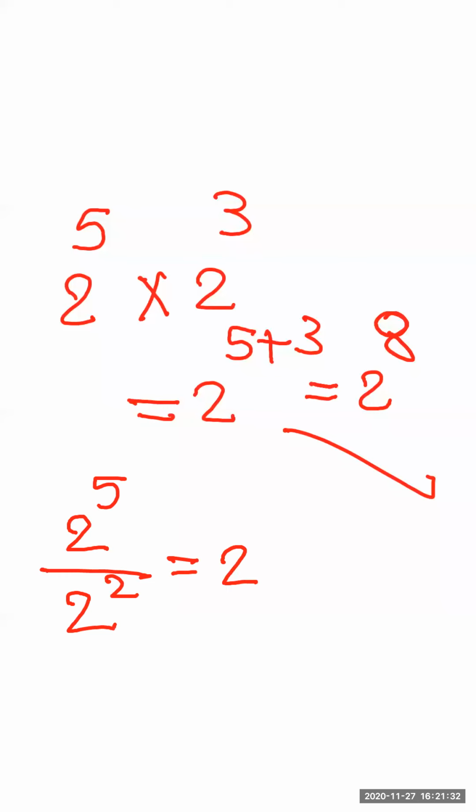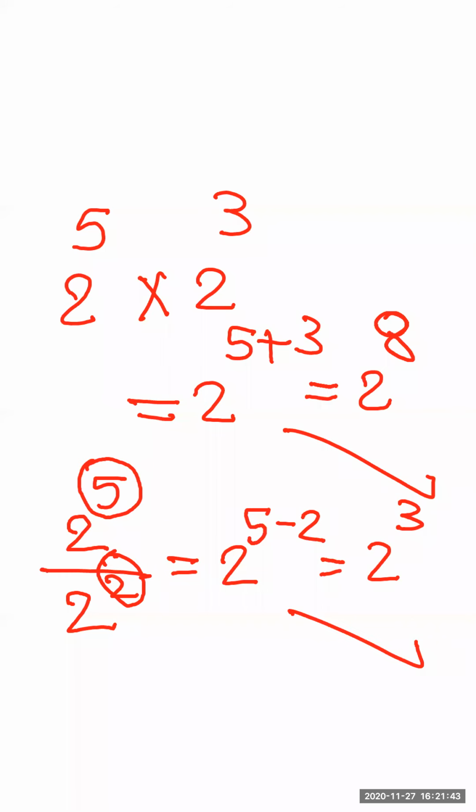So in case of division, we subtract the powers, 5 minus 2, which equals 2 power 3, and the bases we keep as they are. Yes, exactly.